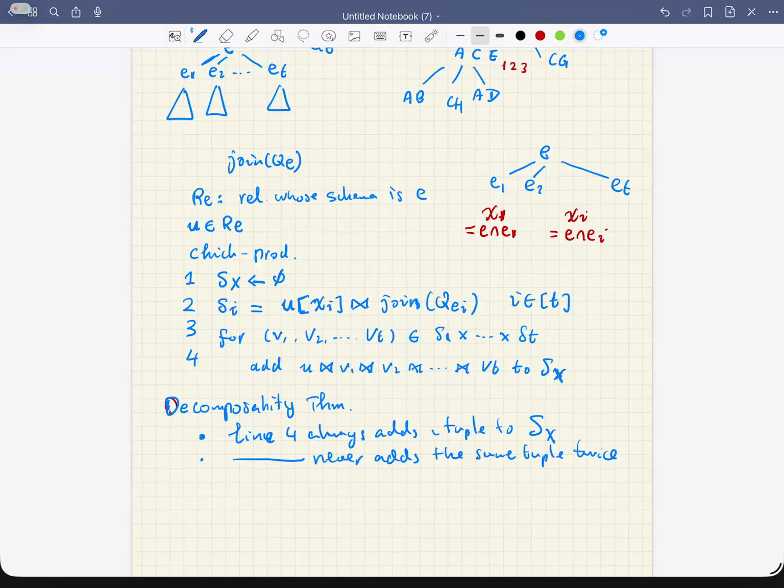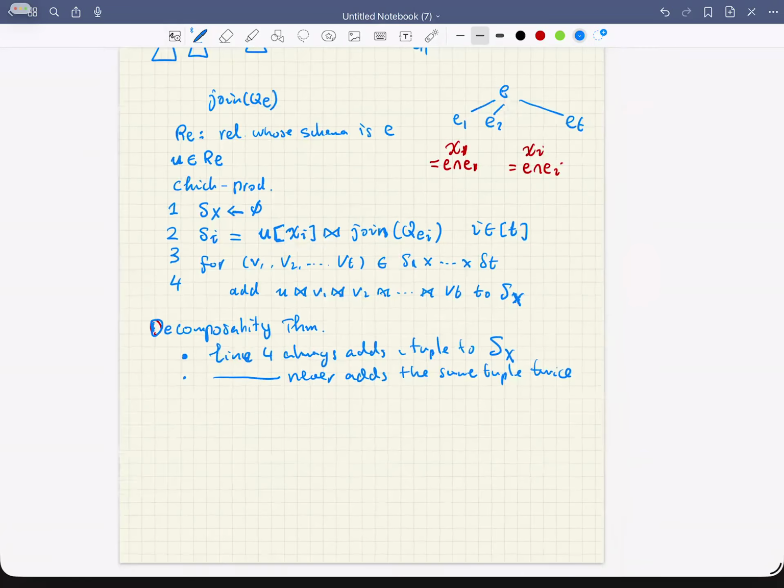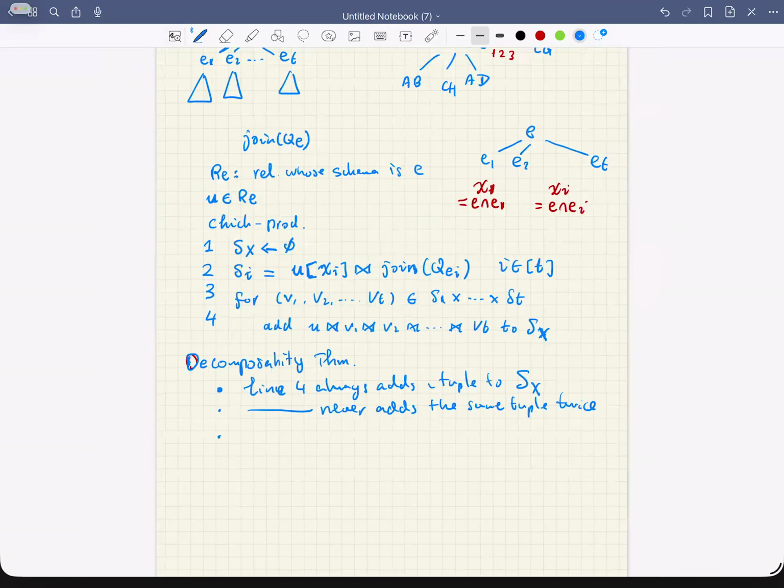Good. Now the last statement here says, if you look at U joining the result of the subjoin, so remember E is the relation where we have fixed, right? So this is the result of the subjoin.